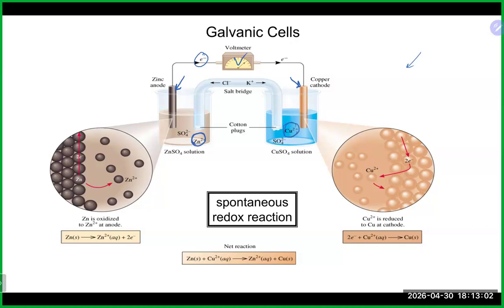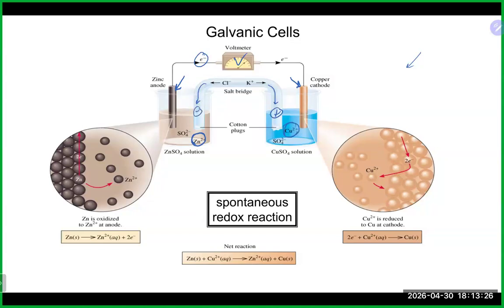We also have a salt bridge that spans both of the compartments. A salt bridge is usually filled, much like the name implies, with some type of salt solution, like in this case, potassium chloride. As the cell is running, the positive ions will drop this way, and the negative ions will go this way.